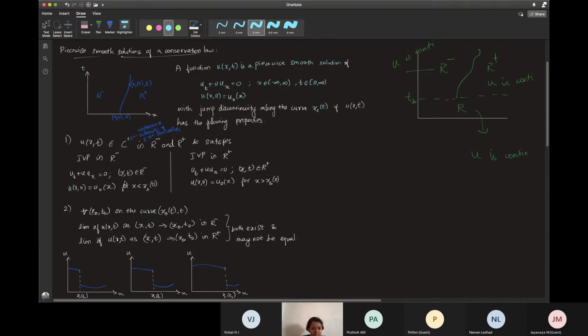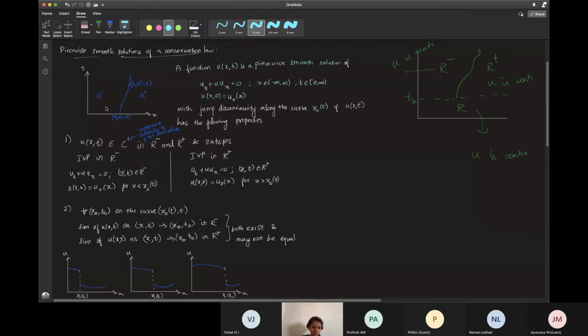And then for all (x naught, t naught) on the curve, like you have this curve which is s of t, and when t is 0, this is the point on the curve, which is s of 0 comma 0.